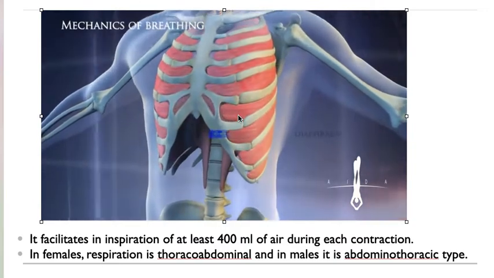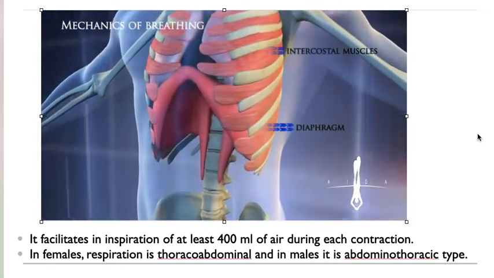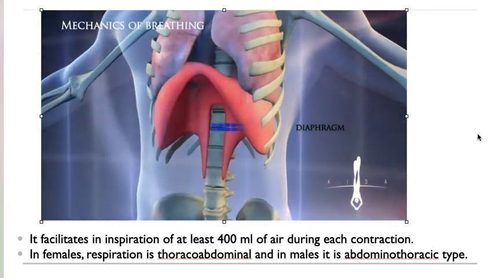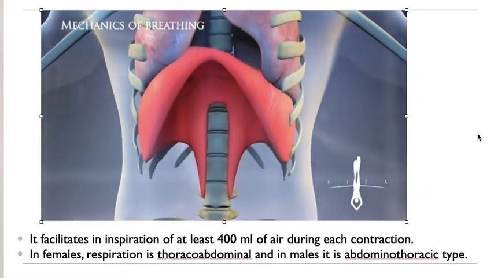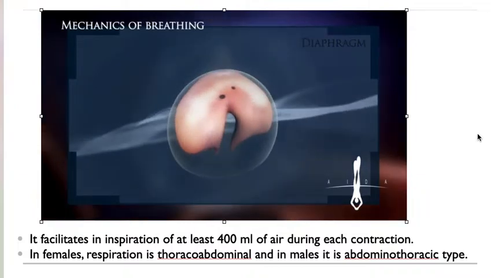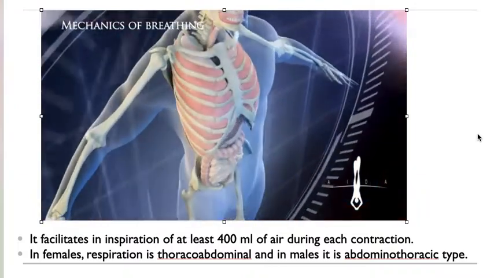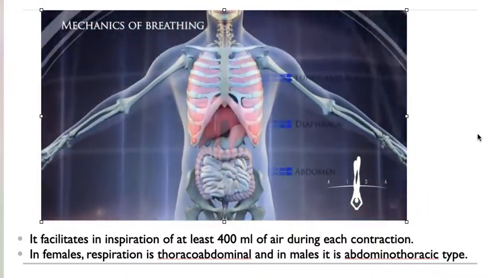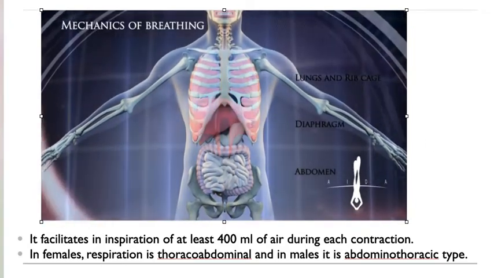Also, the diaphragm is facilitating an inspiration of at least 400 ml of air during each contraction. In females, the respiration is thoraco-abdominal, and in males, it is abdomino-thoracic, basically from where the respiration is beginning.